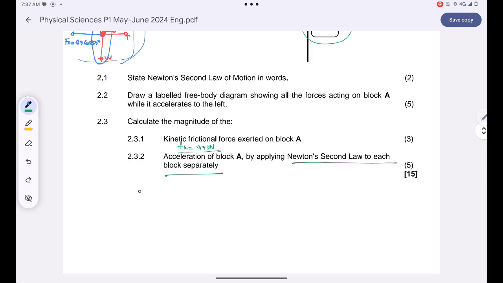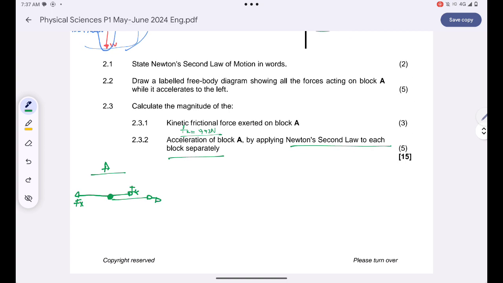Remember that, guys, horizontally for block A, I had my horizontal component, I had my kinetic friction, and I had my tension over there. I'll simply focus on the horizontal forces, because the vertical ones are not influencing my object to move.